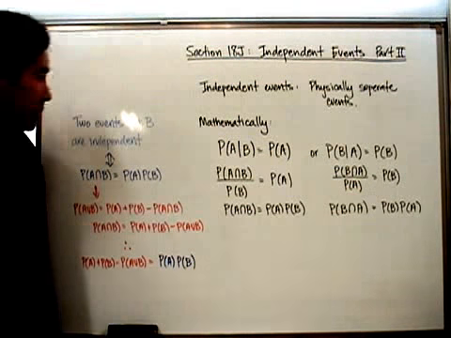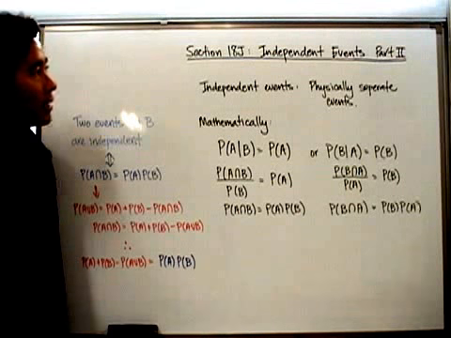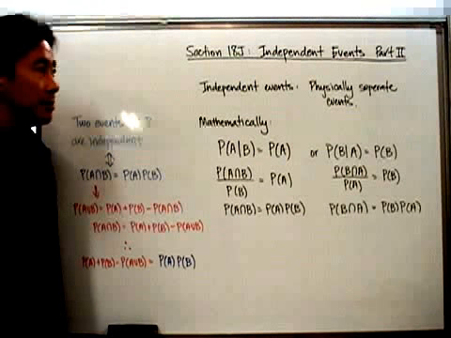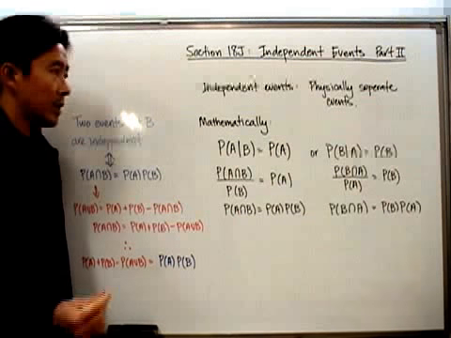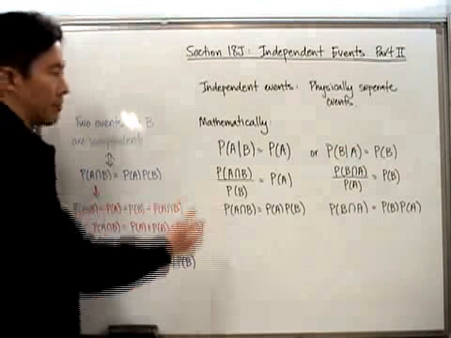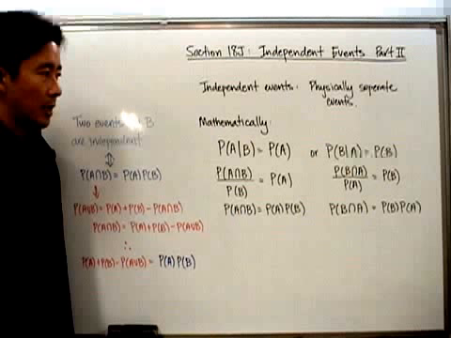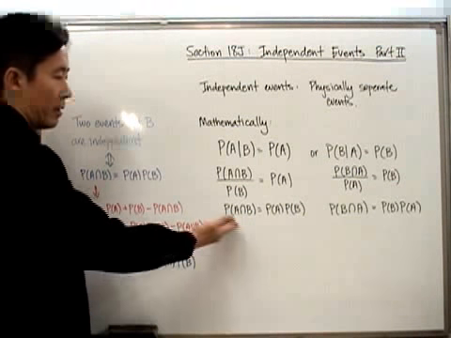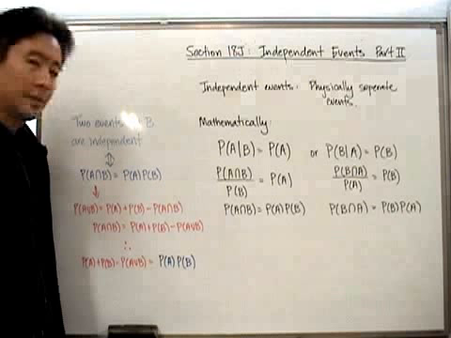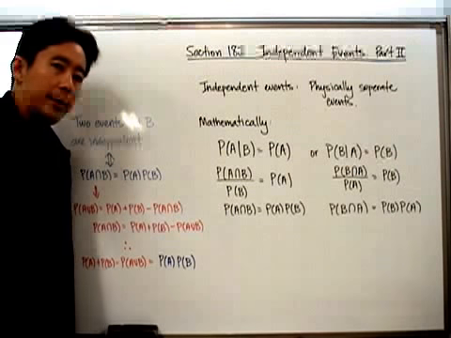And there you go. That's how we can determine whether or not two events are independent, starting with conditional probability, establishing what independence means, and coming out with this particular result.